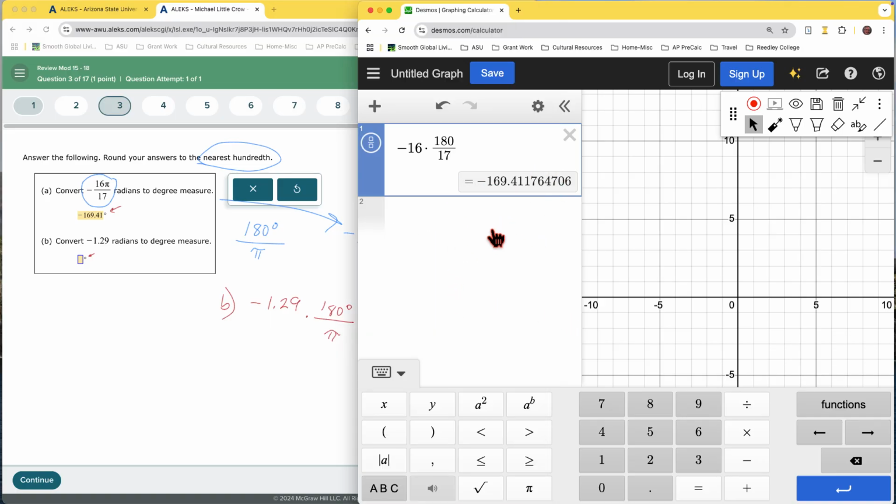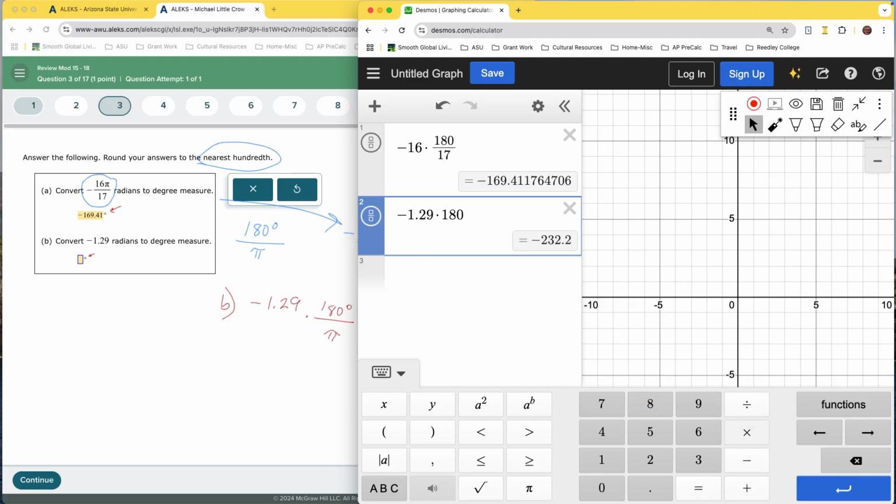I'll just do a new one. Negative 1.29 times 180 divided by pi. And pi is right here. That gives you all the decimal places you need. So it's negative 73.91 degrees.